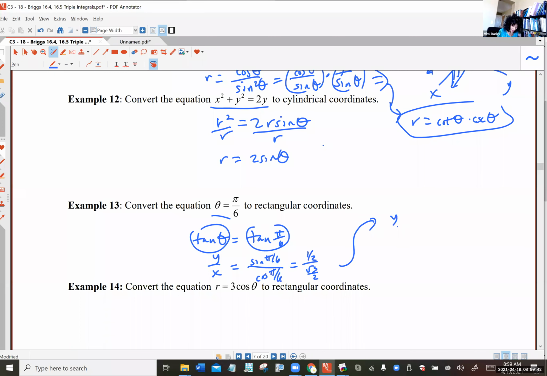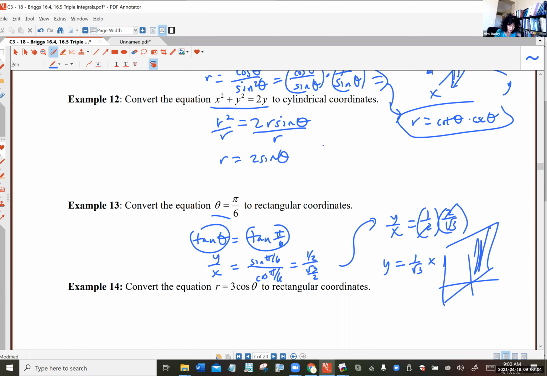And then I'm going to turn the division of fractions into a multiply problem by multiplying by the reciprocal of the denominator, and then the 2's cancel, and then I'll multiply both sides by x, and it looks like that. Now remember, that's the surface, so you would first graph the line y = x/sqrt(3), and then you would whoosh it in the direction of the z axis.